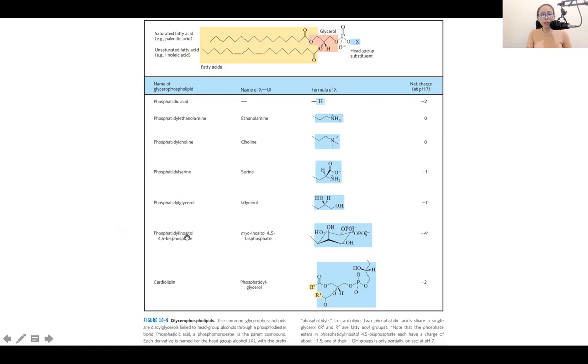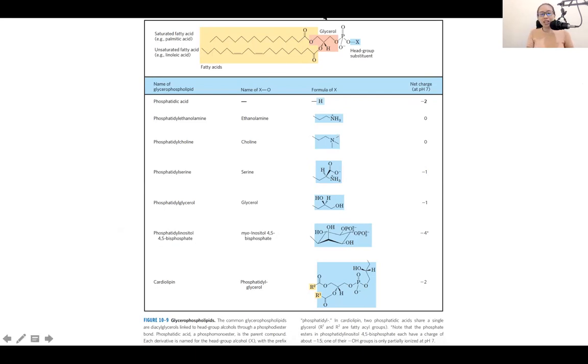Hindi naman, not exactly pinaka-common yung palmitic and linoleic acid. But most commonly, you will find a carbon 16 or carbon 18 fatty acid at carbon 1. So, carbon 16 or carbon 18 and carbon 18 or carbon 20 at carbon 2 of glycerol.